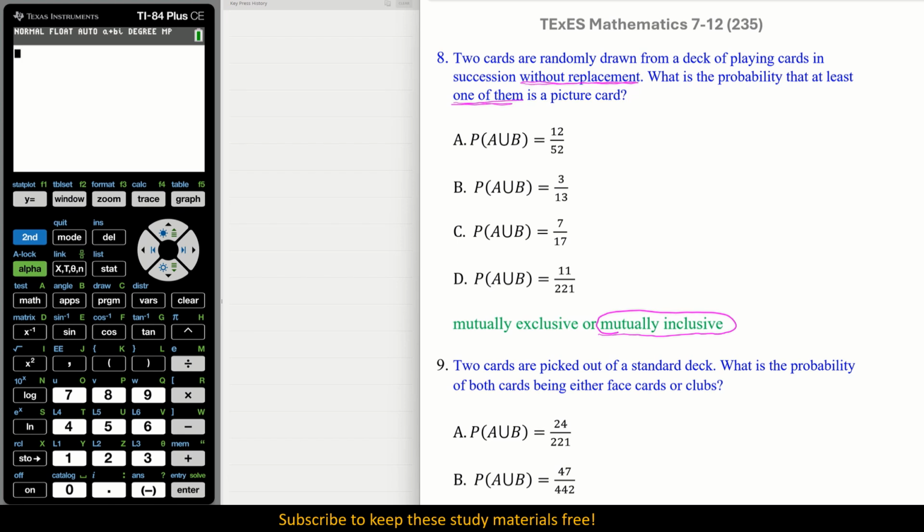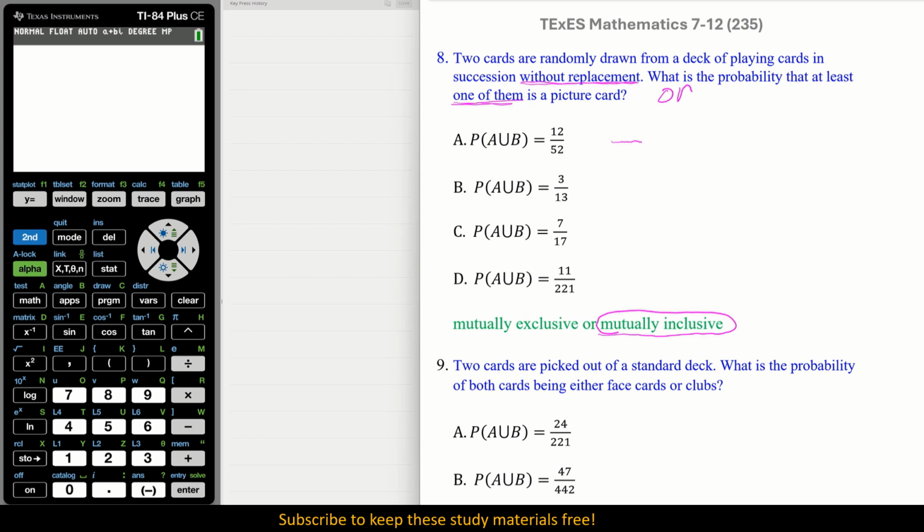Okay. Right. This actually implies an or situation because of the at least one of them. So it's either going to be the first time or the second time or both. So we need to get rid of the or both part. Okay. All right. So let's see here. Picture cards.